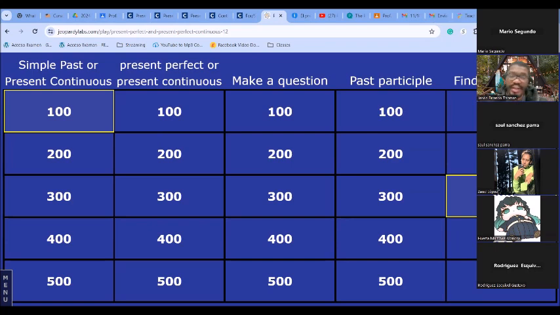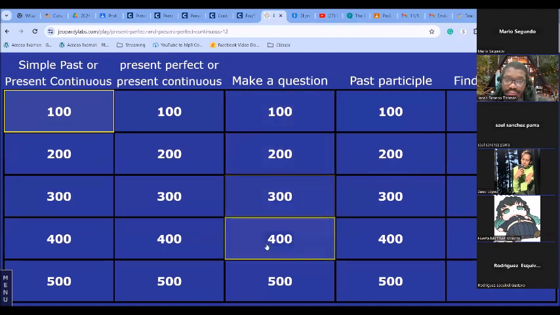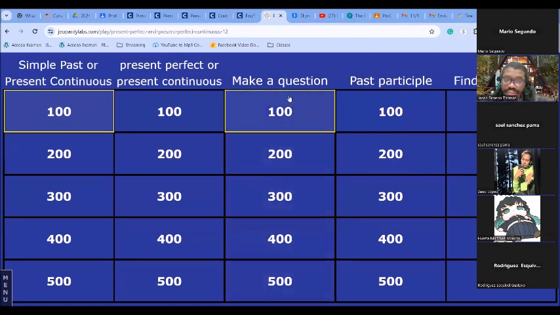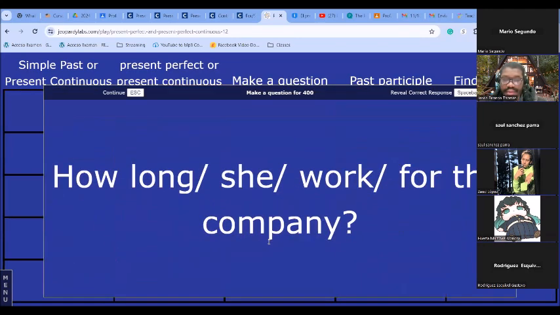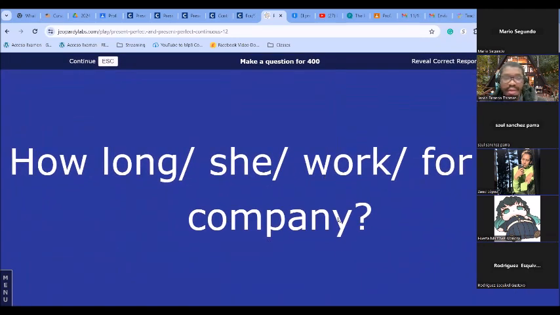Choose a category and choose an amount. Okay. Make the question. Make a question for how much? 400. All right. Here are your words. Make a question.